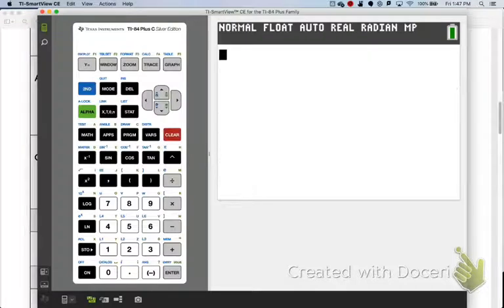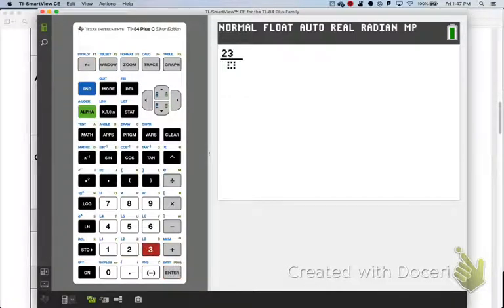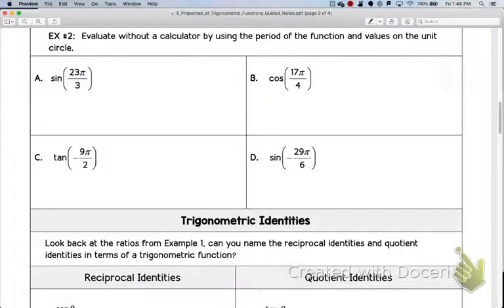If I hit alpha and then y equals, some calculators will do this, some won't, on the TI-84s, I get my fraction options. So then I can do 23 over 3 and keep subtracting 2, and it gives me my answer already in fraction form. That's kind of cool, right? Minus 2, and I can keep on going. There, we hit it. So 5/3 pi. So sine of 23/3 pi really is just the same as sine of 5/3 pi.